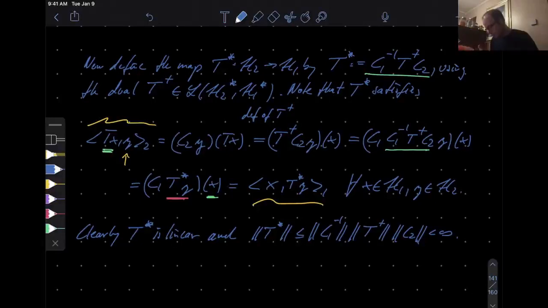So we have that the adjoint is a bounded linear transformation, and now we have to figure out that, well, there's only one who does what we want it to do.